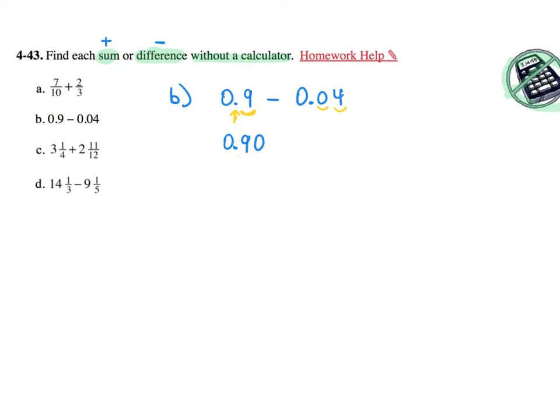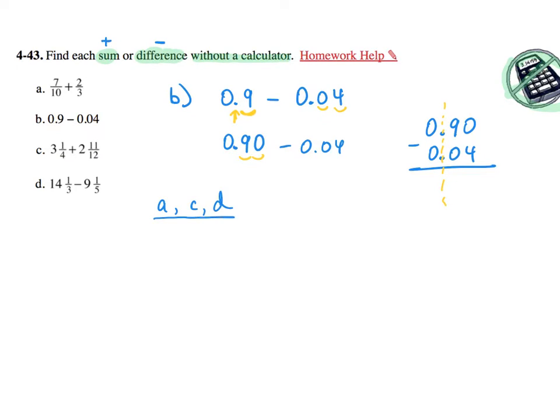Now I have two decimal places for both decimals, and I can see it easier. Then you line up and do your work on the side, and when we add or subtract decimals, we line up by the decimal place value. So do B on your own. Finish it up on your own.